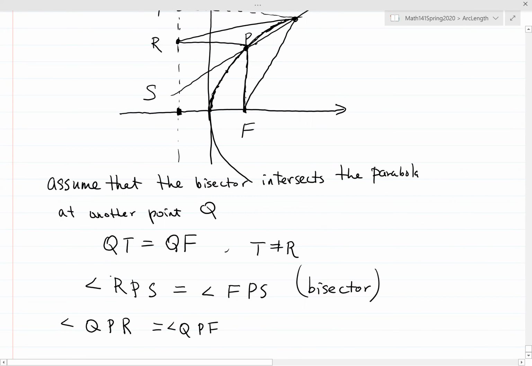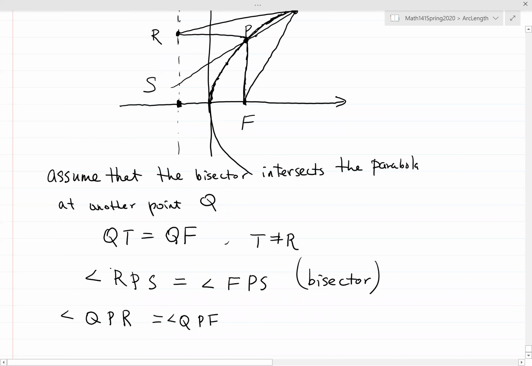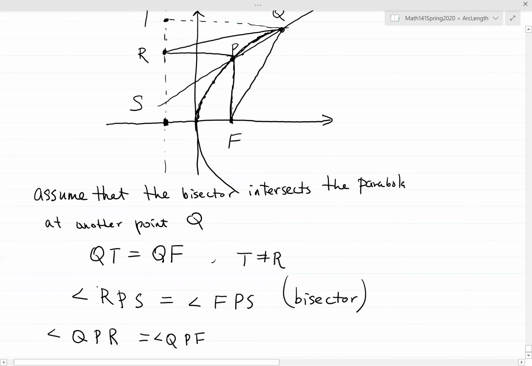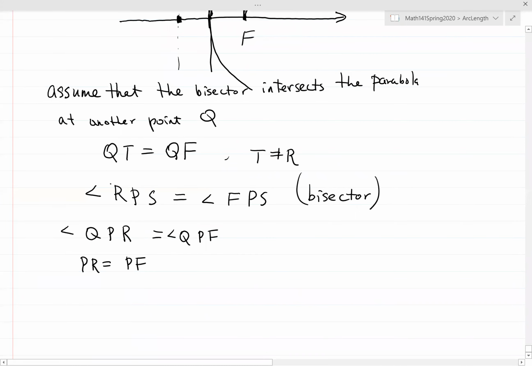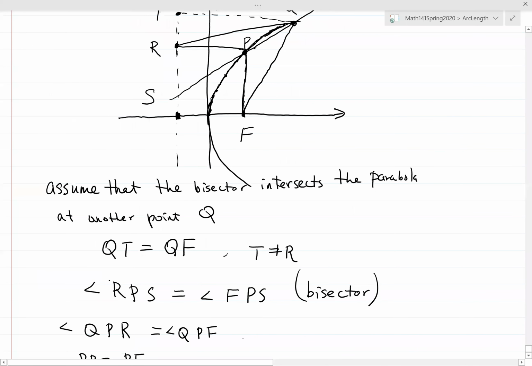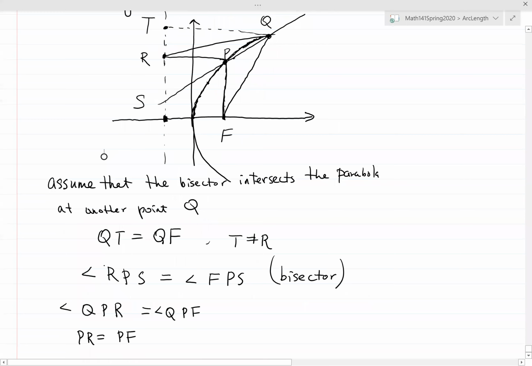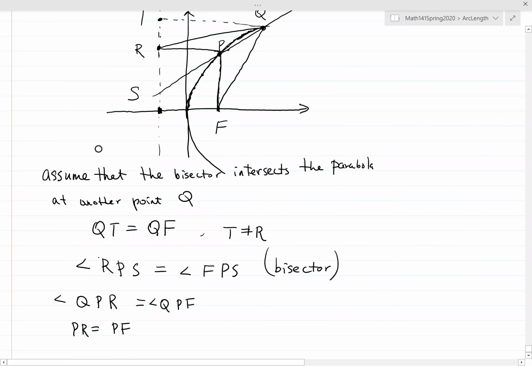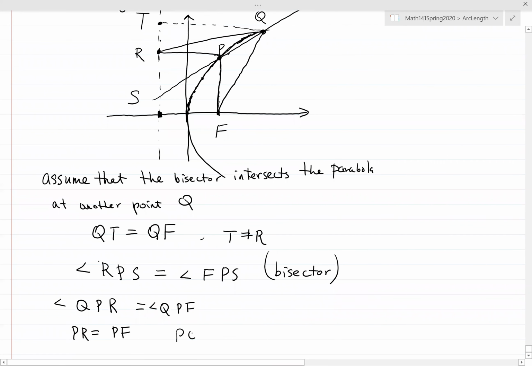Then we have PR equal to PF, and we also have PQ equal to PQ. Look at the two triangles. Then triangle QPR is congruent to triangle QPF. By what theorem?